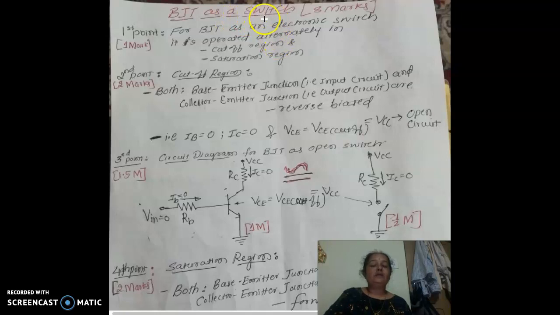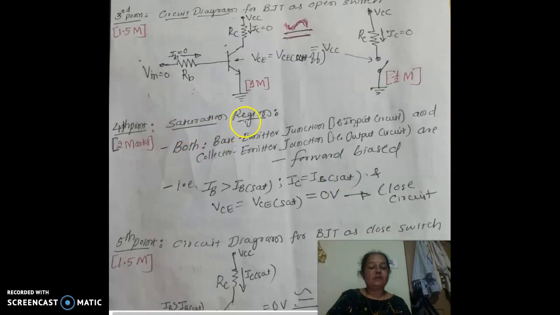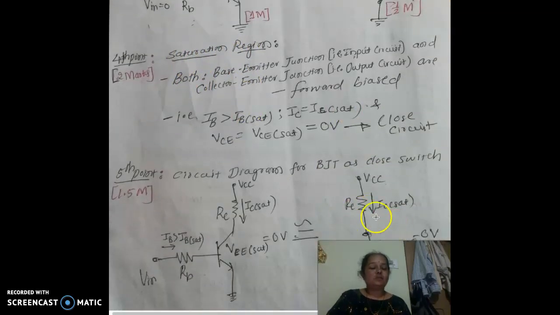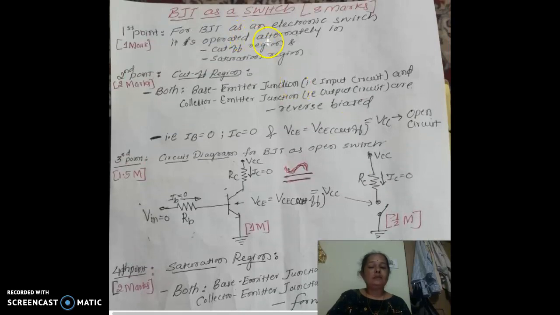The other two regions apart from the active region are the cutoff region and the saturation region. When the BJT operates in the cutoff region, it acts as an open circuit. When the BJT operates in the saturation region, it acts as a short circuit. So we make the BJT alternately operate in cutoff region, open circuit, and saturation region, short circuit.